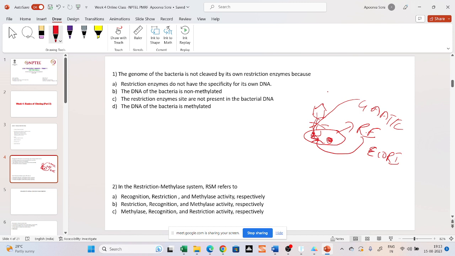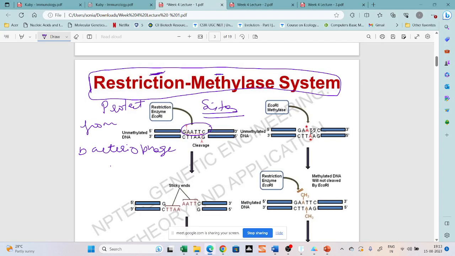But the bacterium has to preserve its own DNA also, so it has methylated its DNA. As you can see in this figure, its own restriction sites are methylated. Now EcoR1 is unable to cleave its own DNA, but it is able to cleave the bacteriophage DNA. So this is the restriction methylase system.